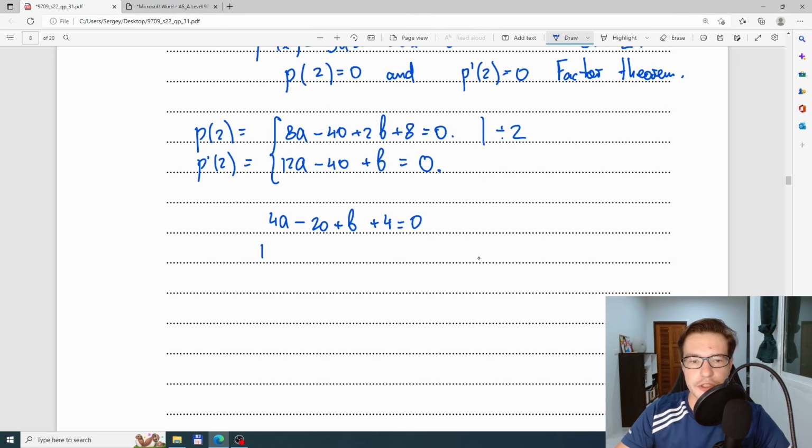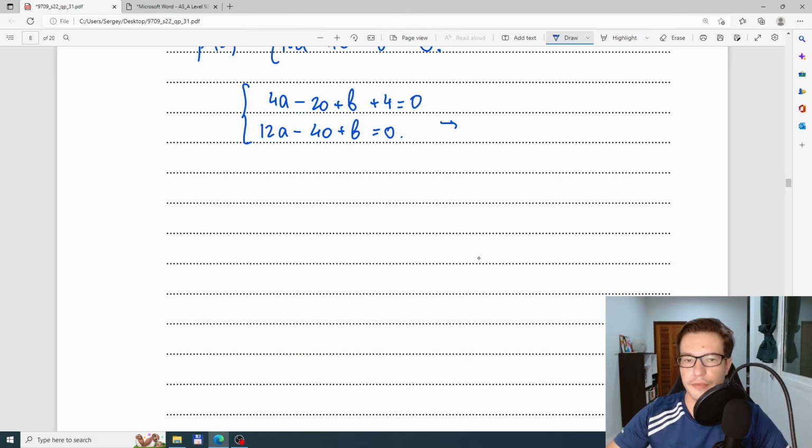And the second equation is 12a minus 40 plus b equals 0. Simplify it a little bit, and we get 4a minus 16 plus b equals 0. And then 12a minus 40 plus b equals 0.